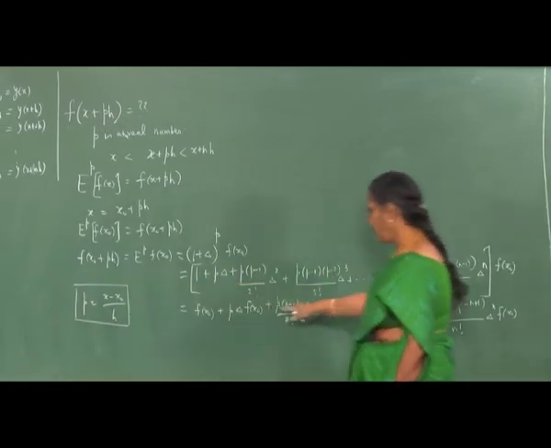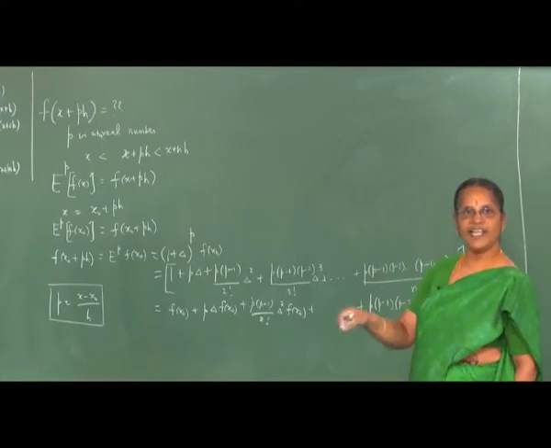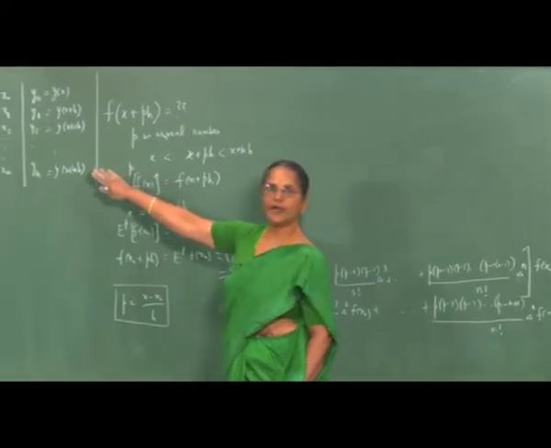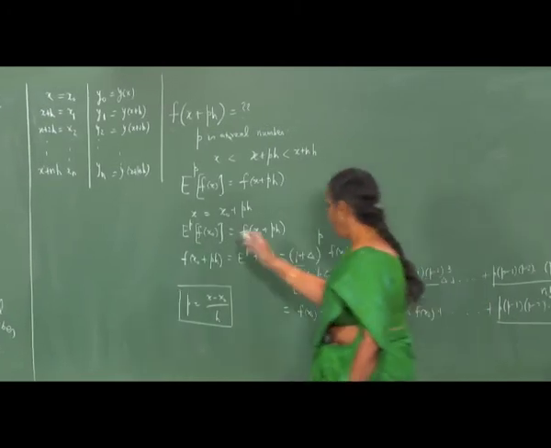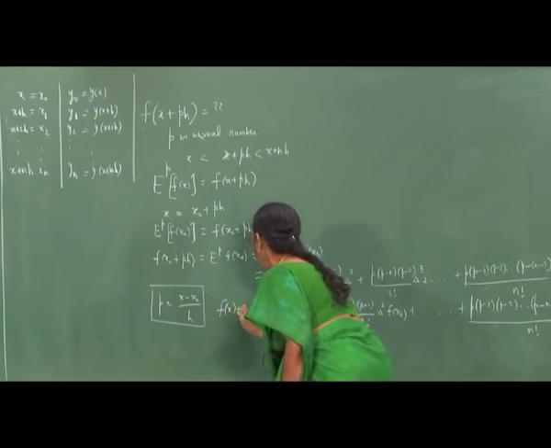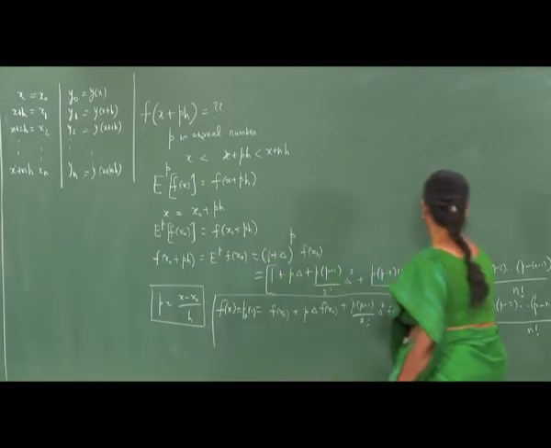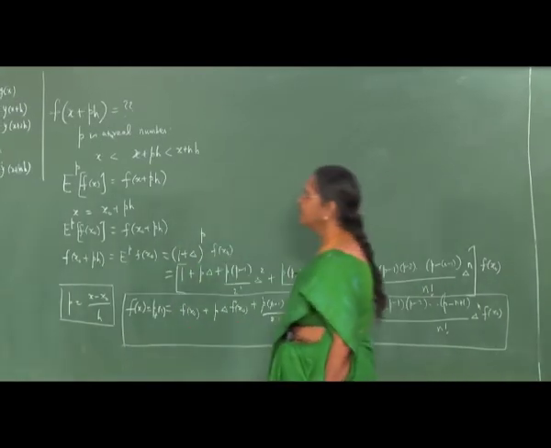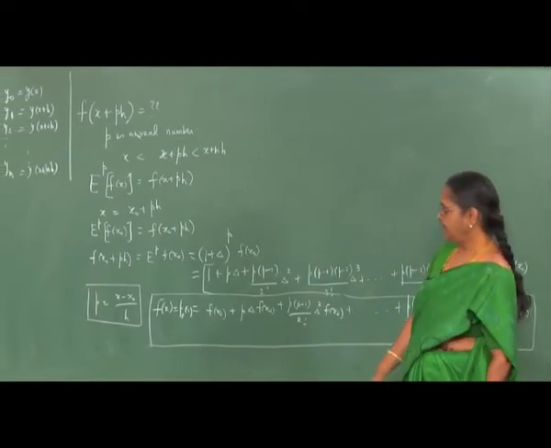When you substitute for p in terms of x minus x naught by h, that will give you a polynomial in x of degree n, and that is the required interpolating polynomial. So f of x is approximated by Pn of x, which interpolates the data at a set of discrete points xi, yi.